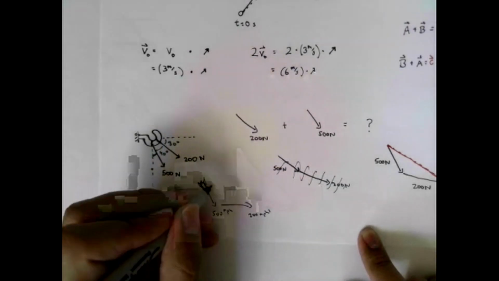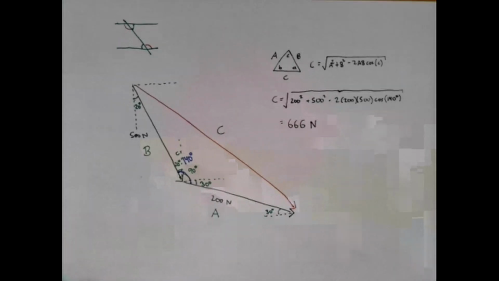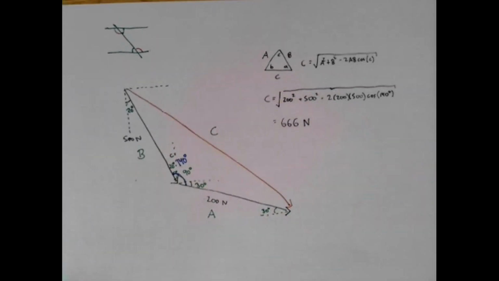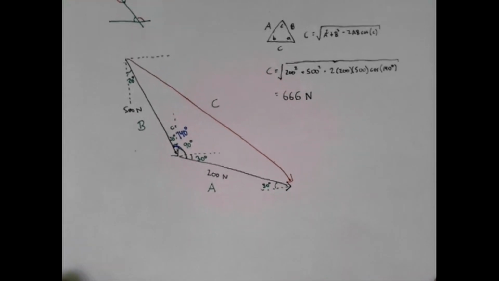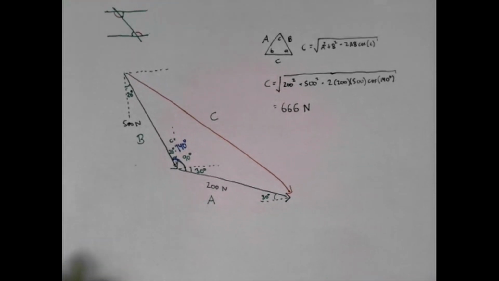And I can ask you, what is the average velocity of that rocket? And it would be exactly the same thing. It's not just about forces. When we switch to velocity vectors and everything, it'll be exactly the same procedure.